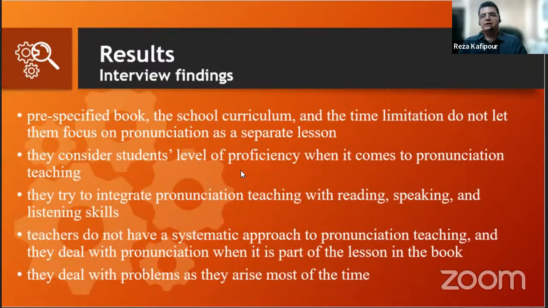So if you have a class with students of different proficiency levels, actually it will be a challenge for the instructor to teach pronunciation. And the next point, participants try to integrate pronunciation teaching with reading, speaking, and listening skills.